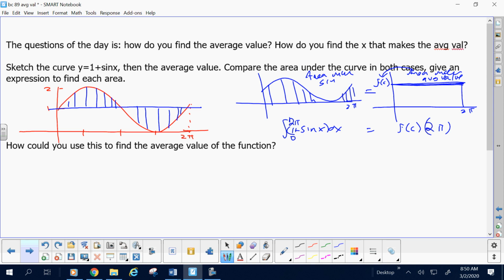All right. So now let's say we wanted to find f at c. Doesn't that mean f at c is what I would get if I divided the integral by 2 pi? Do you understand? I solve for f at c because that's the goal. Okay. What is the antiderivative of 1 plus sine of x?